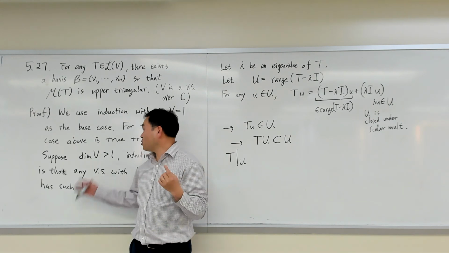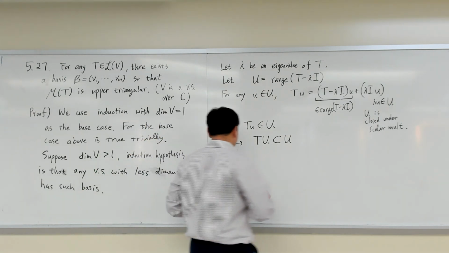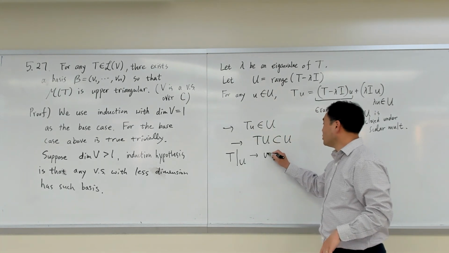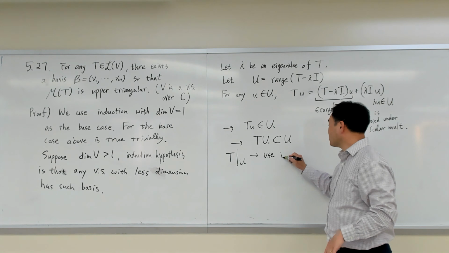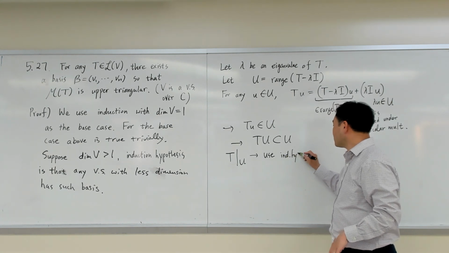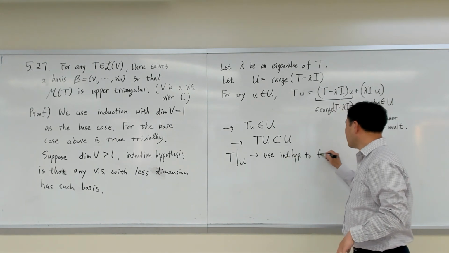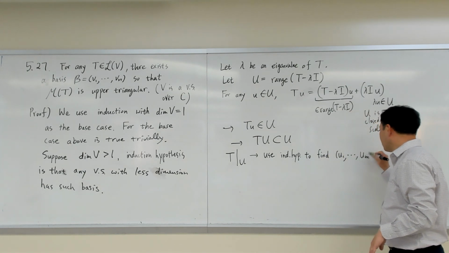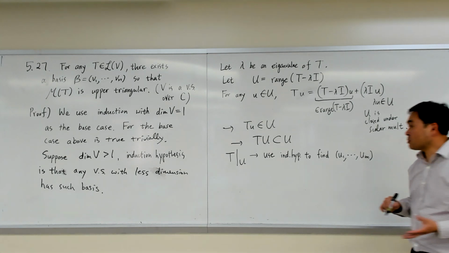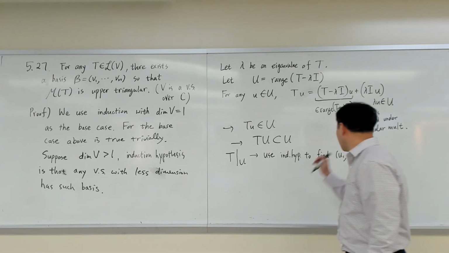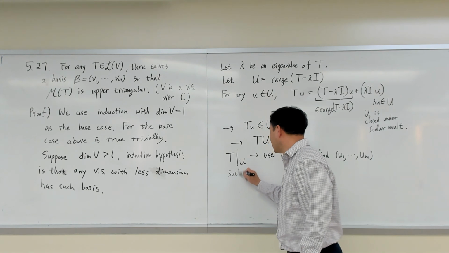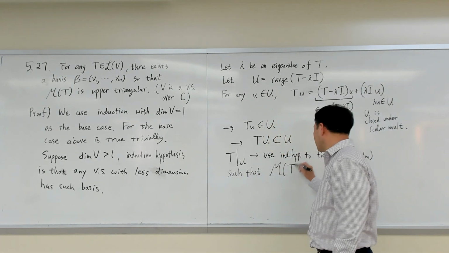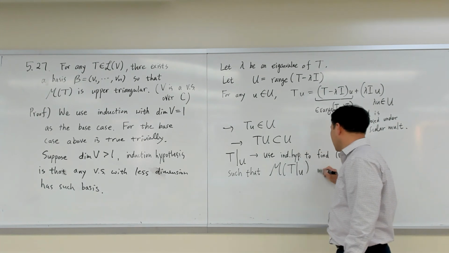Which means I can use the induction hypothesis to find u1 through um, where m is the dimension of U, such that the restriction of T to U is upper triangular.